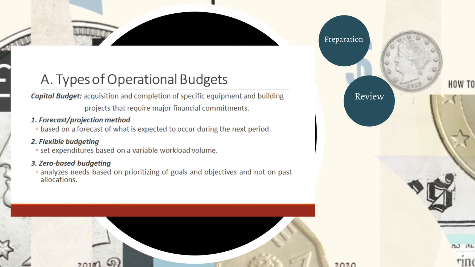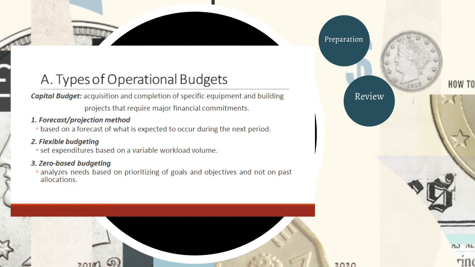Operational budgeting has several types. Using the capital budget, the management plans for the acquisition and completion of specific equipment and building projects that require major financial commitments. These types include forecast or projection, flexible budgeting, and zero-based budgeting.